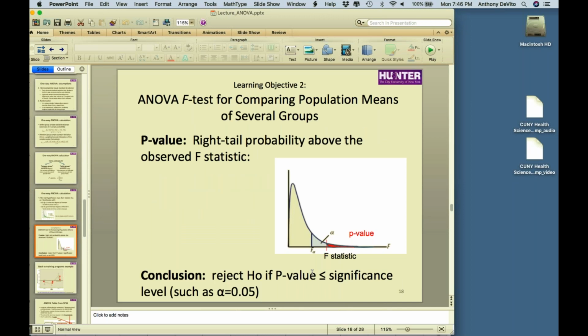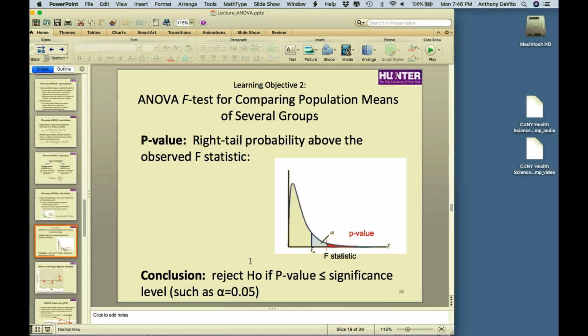Okay, and once you've done that, you look to see if your F statistic is so large that there's only a 5% chance that you would get an F statistic that large if the population means those samples came from were equal to one another. In other words, that the population means are equal.